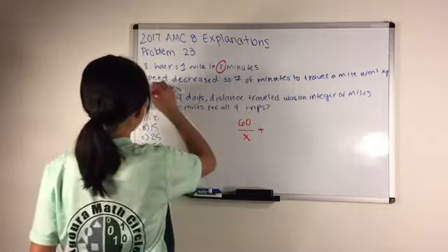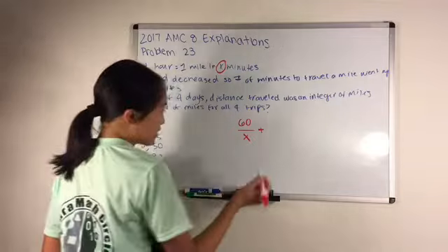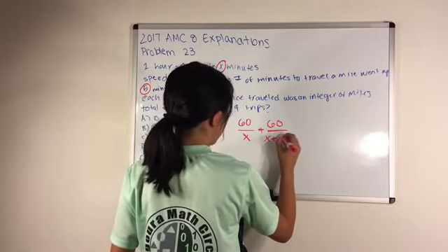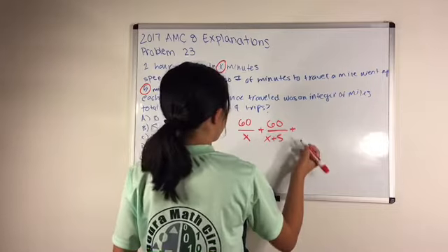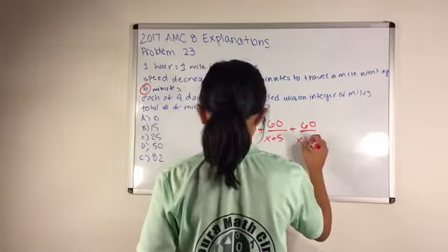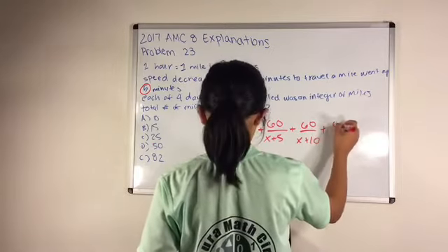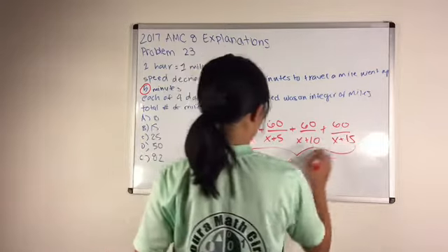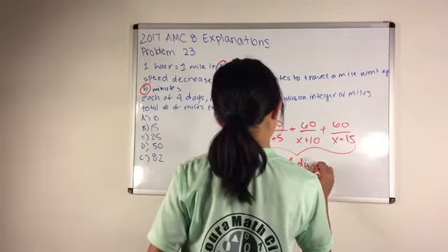That's 5 minutes, so the next day would be 60 over X plus 5, because it took her 5 more minutes, plus 60 over X plus 10, plus 60 over X plus 15. This is the 4 days that she did this.